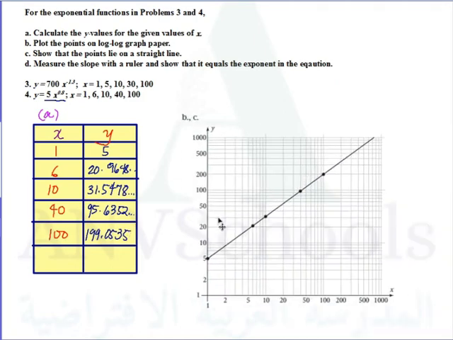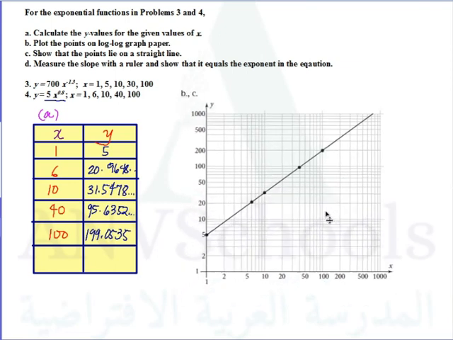So consider this semi-log graph paper. Let us plot the points together. If my x is 1, then my y is 5, and then 6, 20.9648, 10, 31.5478, 40, we have 95.6352, and lastly we have 100, 199.0535.